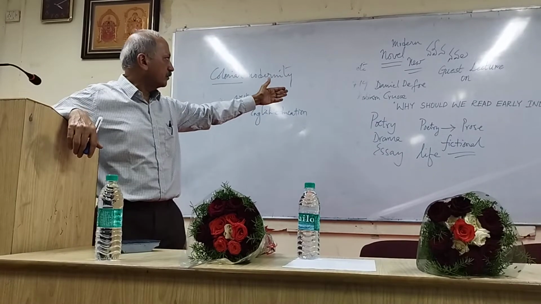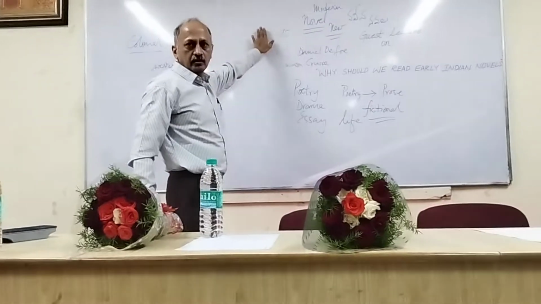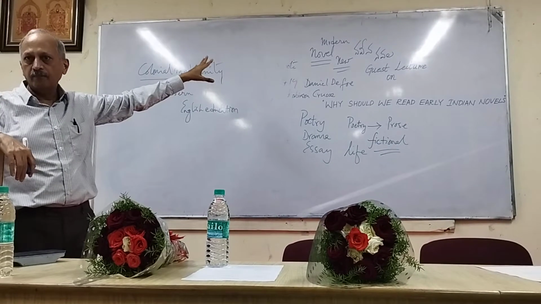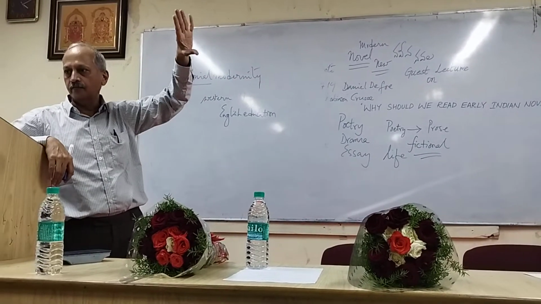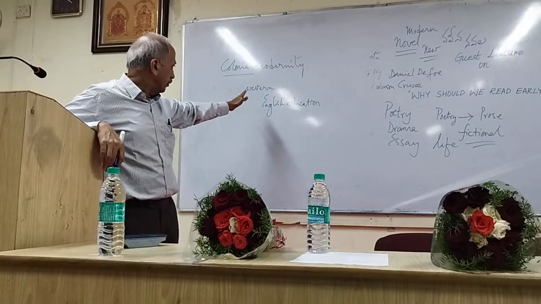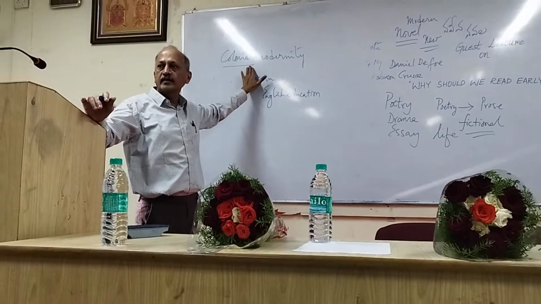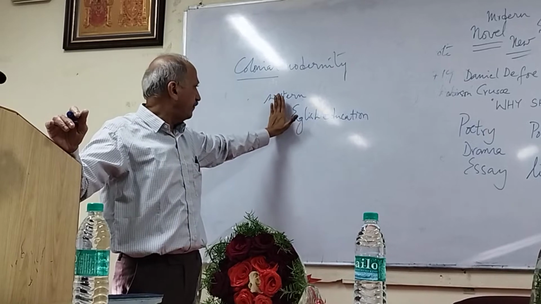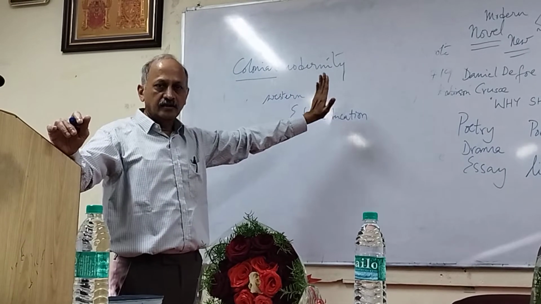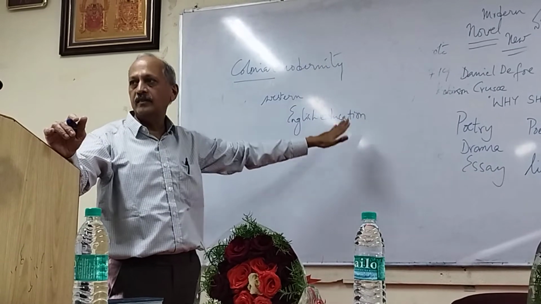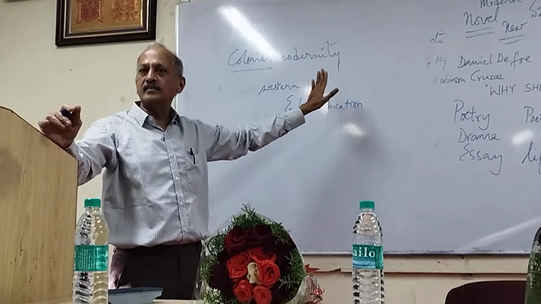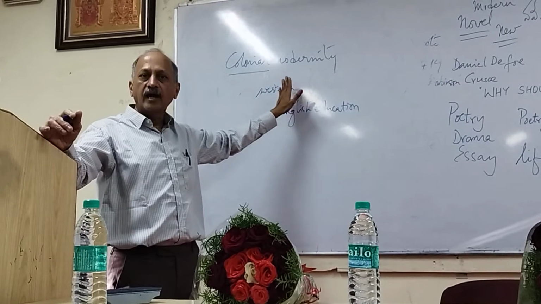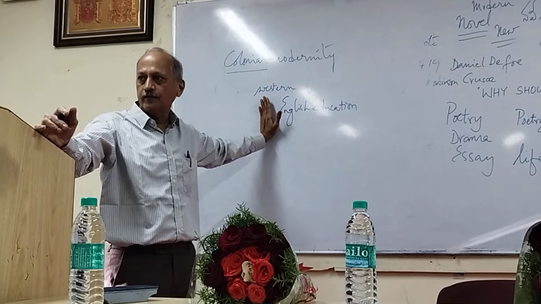The closest to that would be John Quicksilver, also a series of stories. Now, the moment colonial modernity enters the Indian context, we have a clash between Western ideas of modernity, Western ideas of writing the novel, and Indian ways of writing the novel.